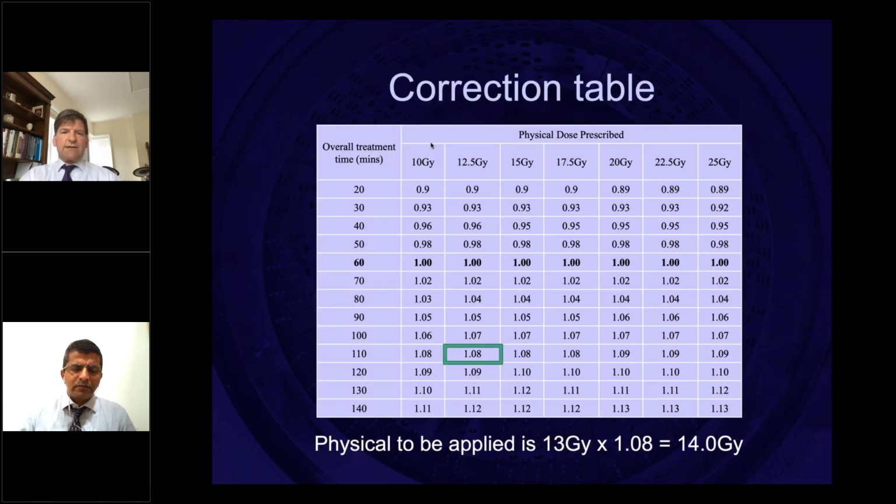Well, we simply look on this table. We find 13 gray. Here we've got 12.5 gray, which is the nearest we've got to 13 gray. That's good enough. We look down at 110 minutes, and we have a correction factor of 1.08 to apply to our treatment. So the physical dose that we apply is 13 times 1.08, which is 14 gray.